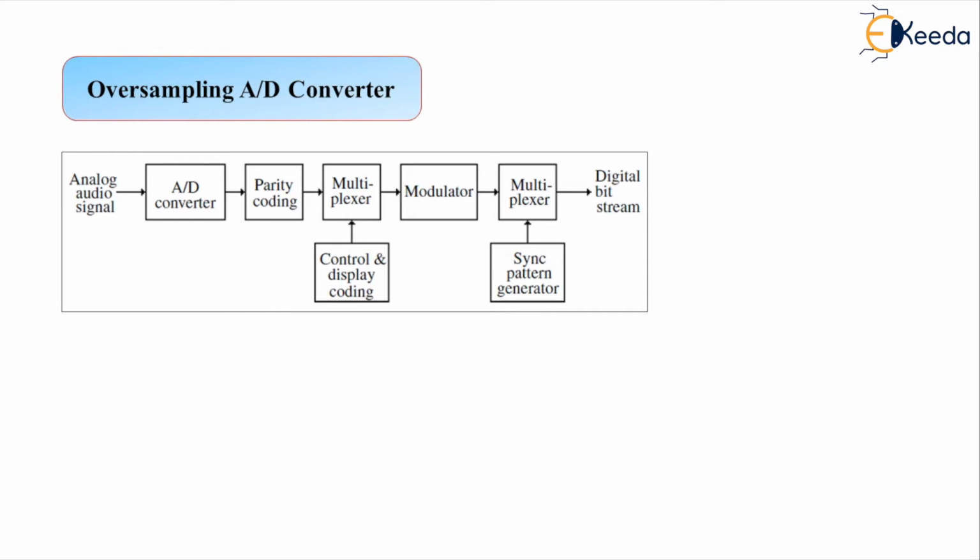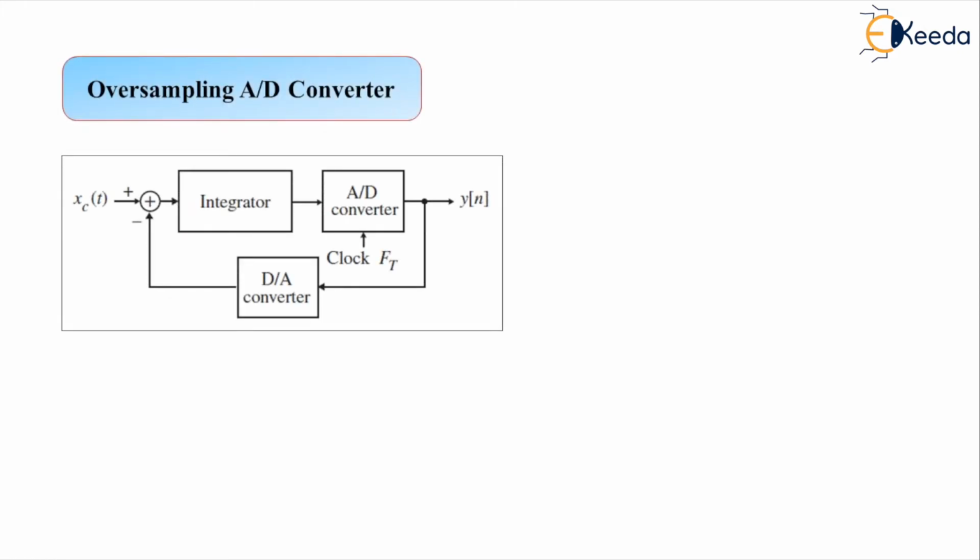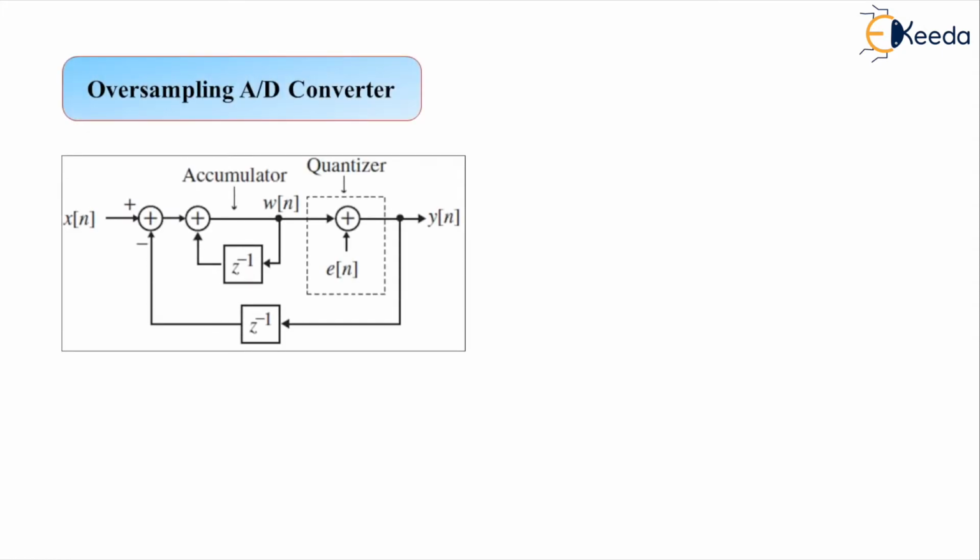Now for better understanding of the oversampling sigma delta A to D converter structure that we have shown previously, we need to also have a focus on the sigma delta quantization scheme in terms of the quantizer circuit as given here. Here we have the integrator, A to D converter and D to A converter, and next to that the corresponding discrete time equivalent circuitry is also represented with the delays denoted z to the power minus 1.